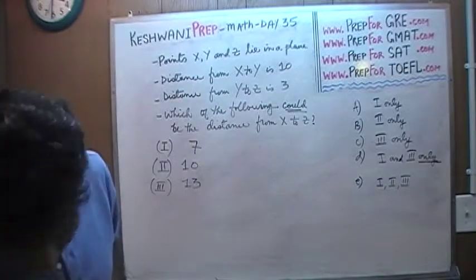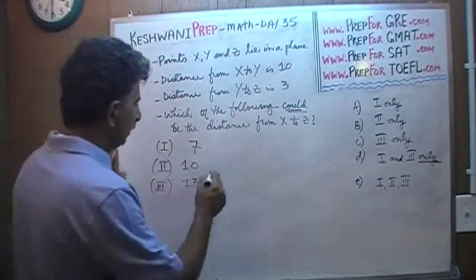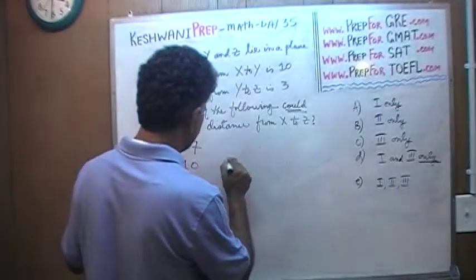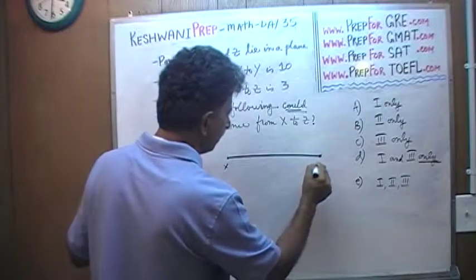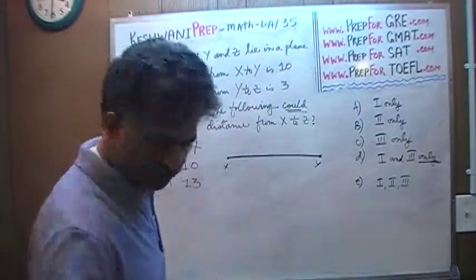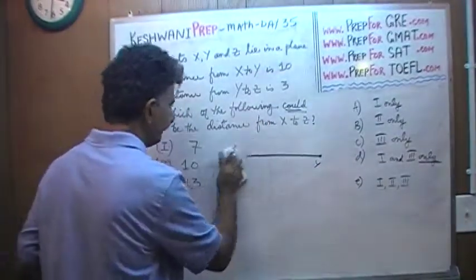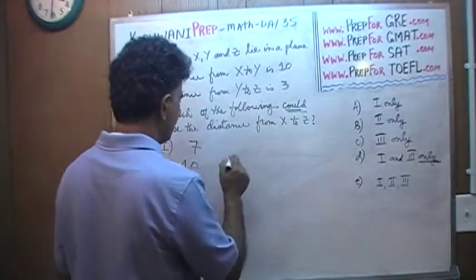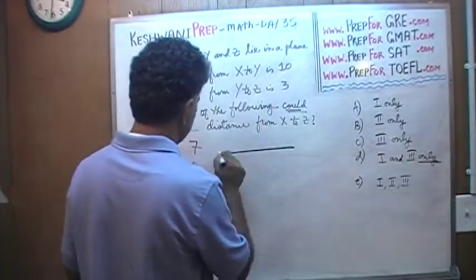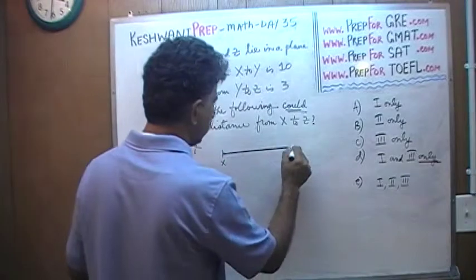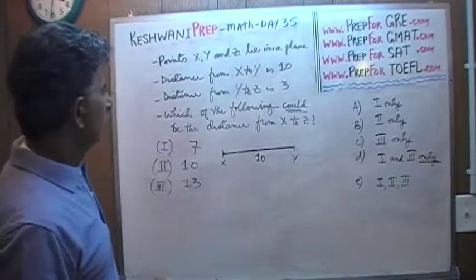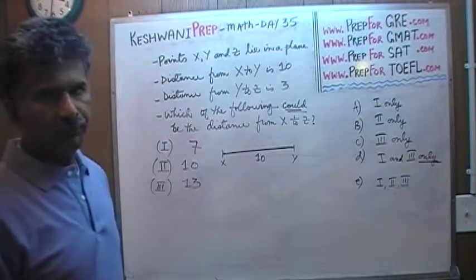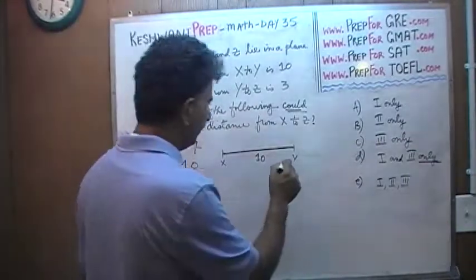Very good. Well, we are told that X to Y is 10. Let's not get carried away here. X to Y is 10. We are also told that Y to Z is 3. So the first thing that comes to mind, the simplest scenario, is this part right here.